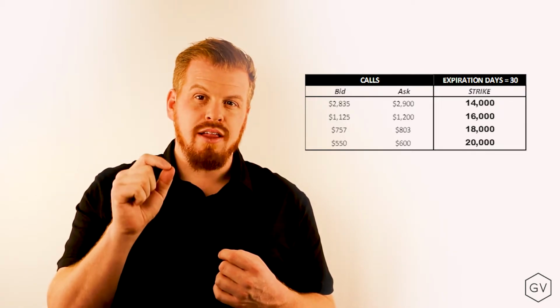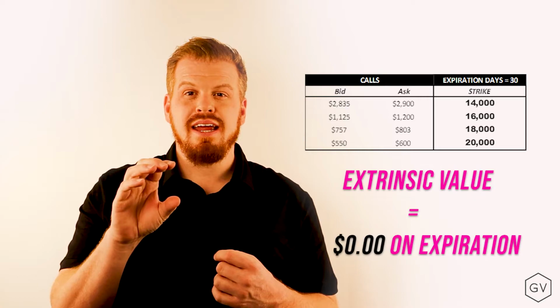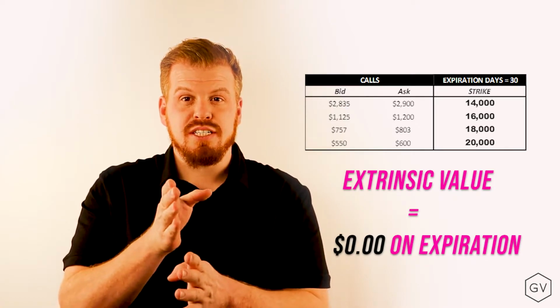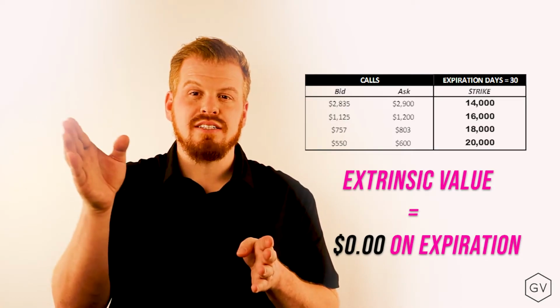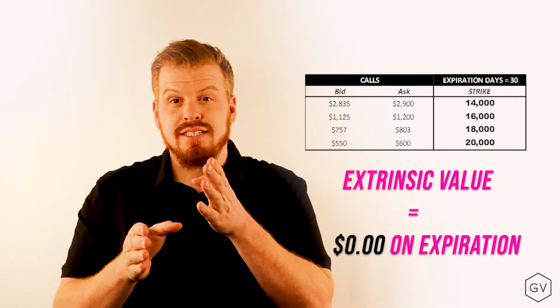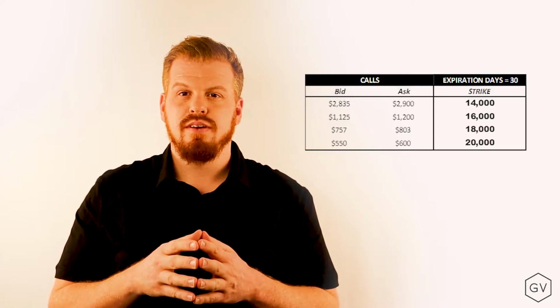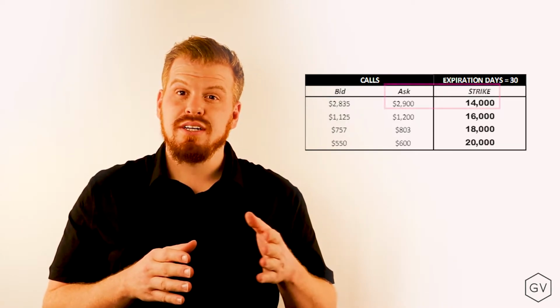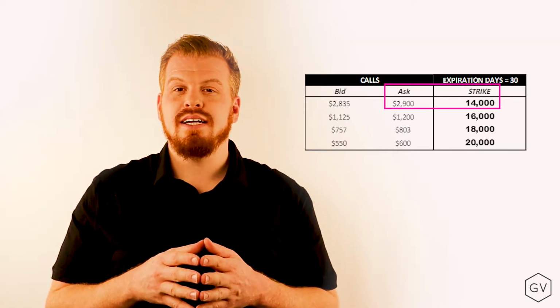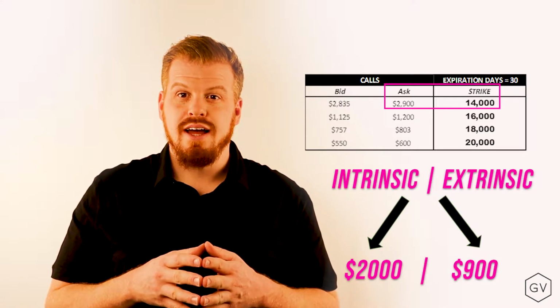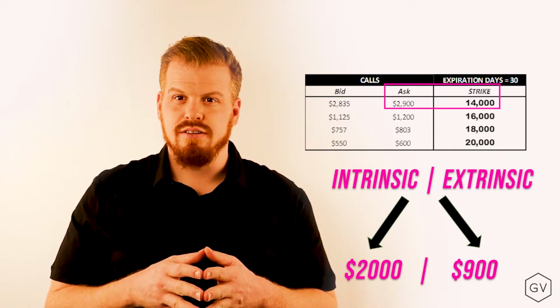Right now, it's all extrinsic value, meaning that if we were going to expire right now, the $20,000 call is so far away from the $16,000 spot price that the call would expire worthless. On the other hand, a $14,000 call is said to have intrinsic value as well as extrinsic value.